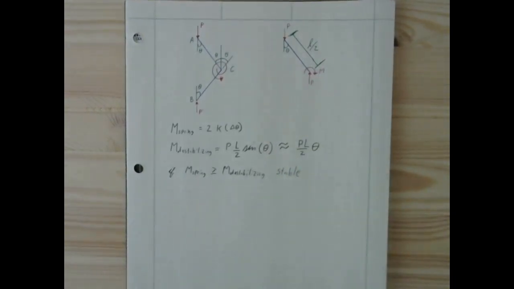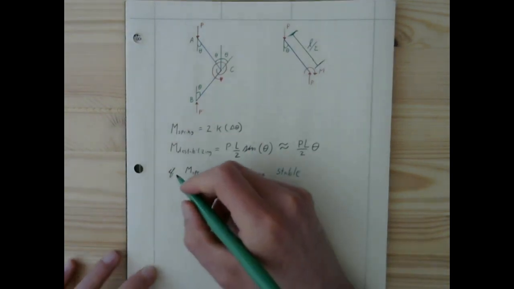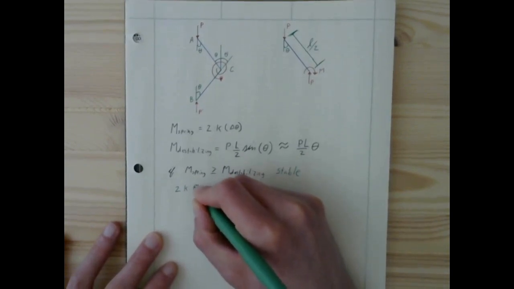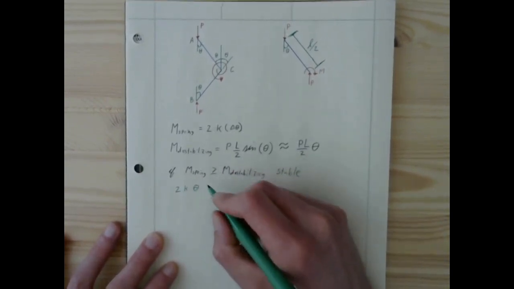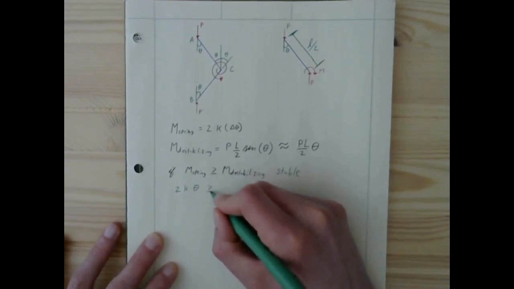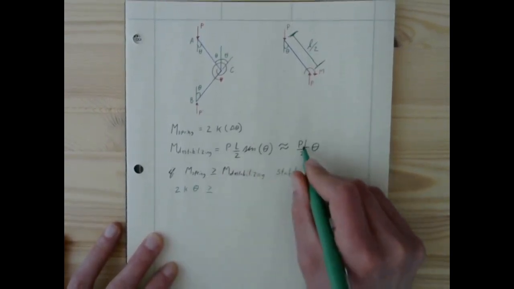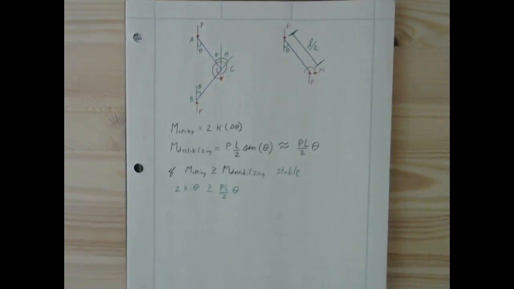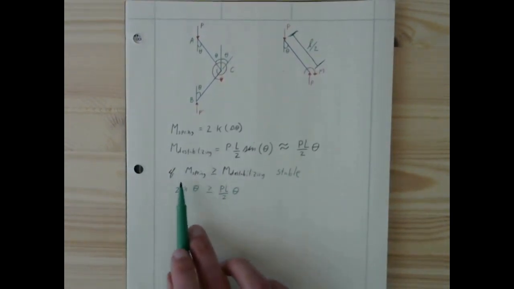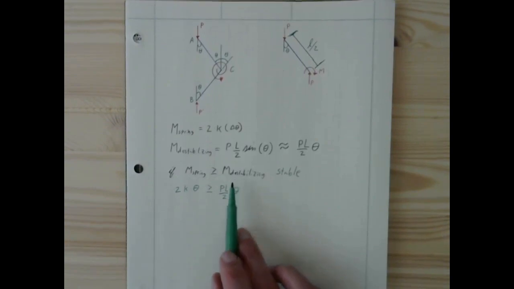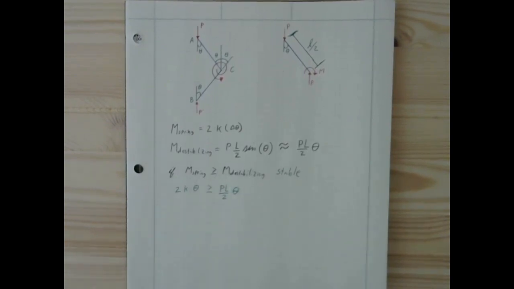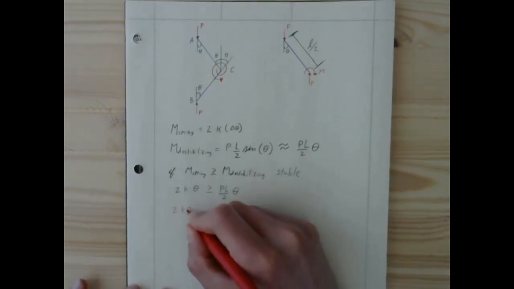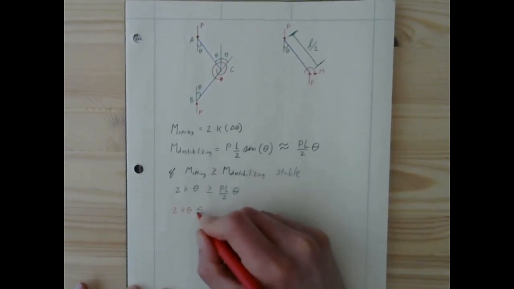Let's write that out again, but with what these are. So 2 times k times the rotation theta has to be greater than or equal to this PL over 2 theta. If it is less than this destabilizing moment, then we are unstable. So just the exact same equation, but pointed the other way.